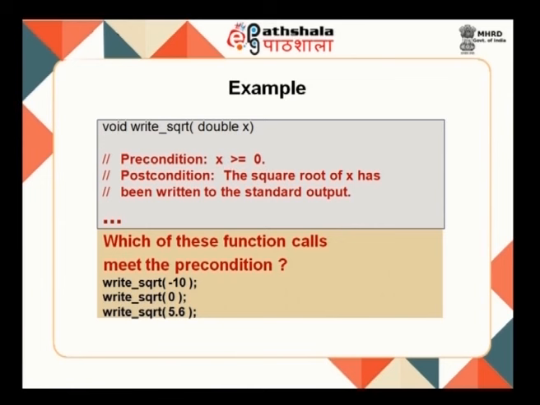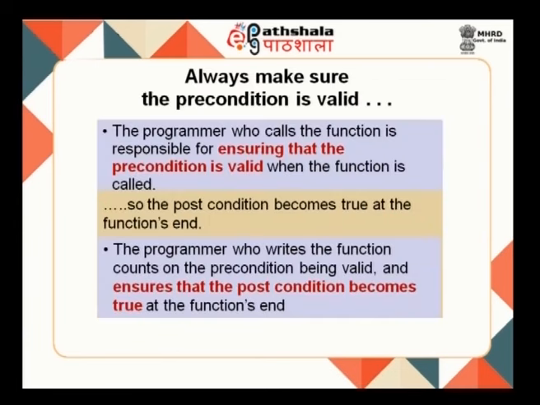You have to be very careful of what the precondition is, because based on the precondition only the function is developed. That means we have to make sure that the precondition is always valid. The programmer who calls the function is responsible for ensuring that the precondition is valid when the function is called. The postcondition becomes true at the function's end.